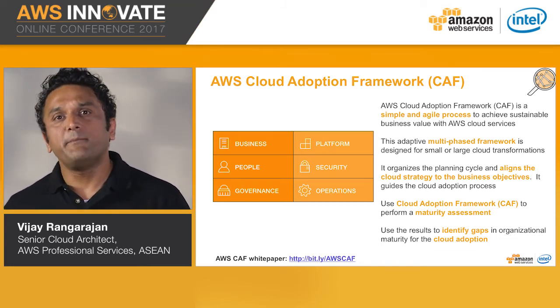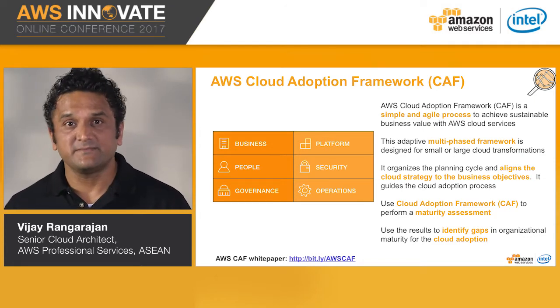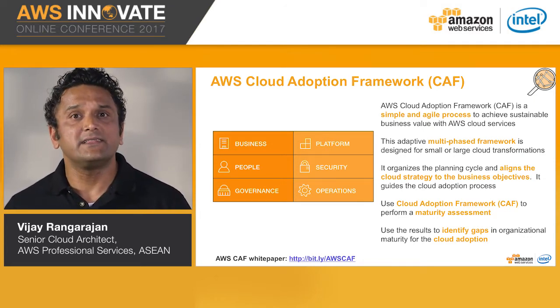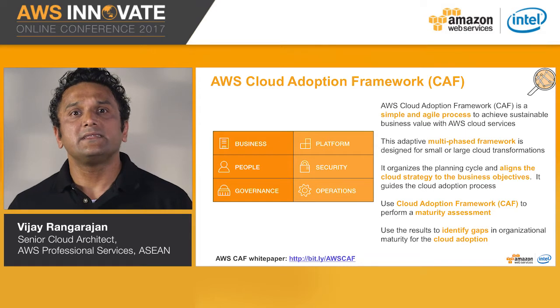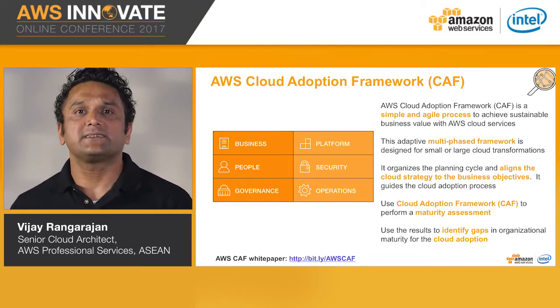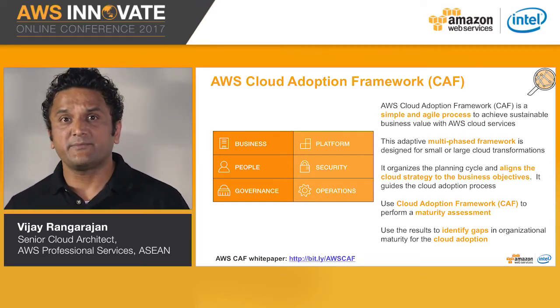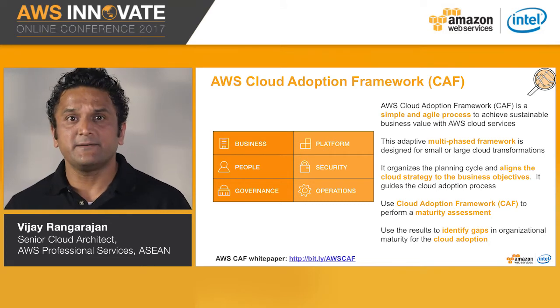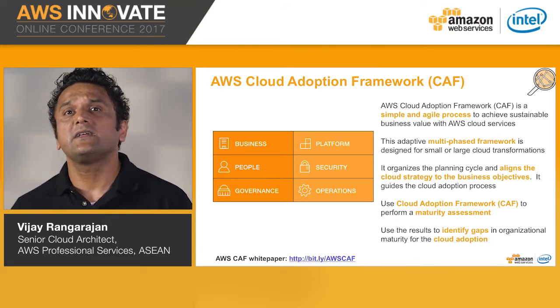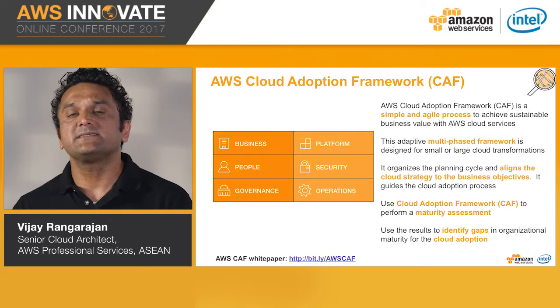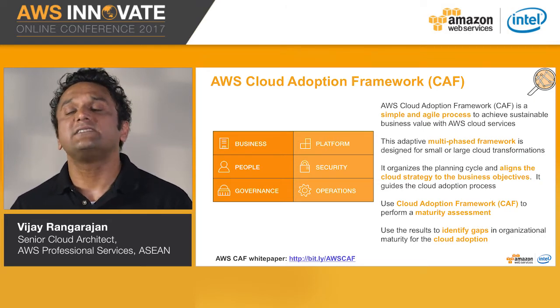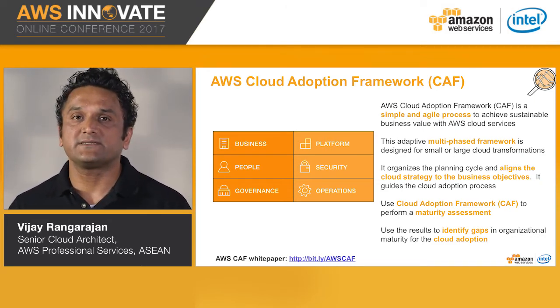CAF provides a balanced approach to transformation and the levers of maturity that will need to be pulled in order to be successful. This helps enterprises organize the planning cycle and align the cloud strategy with the business outcomes, and importantly drives your cloud adoption process.